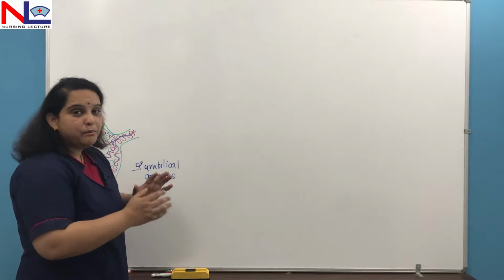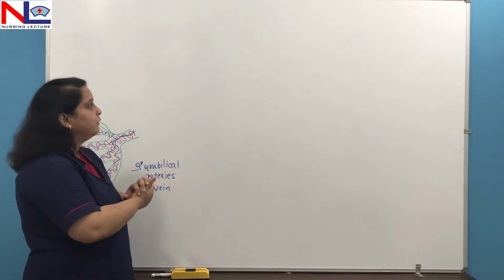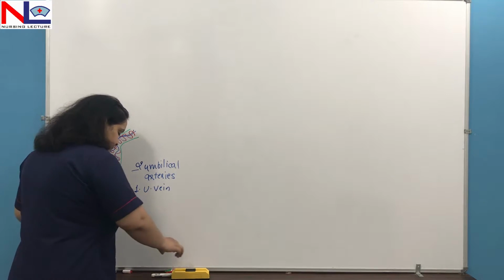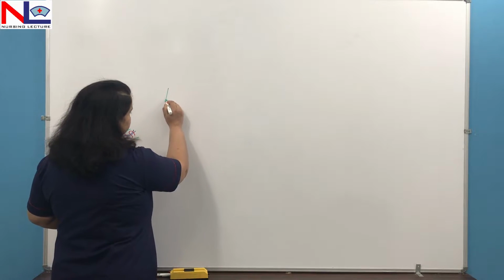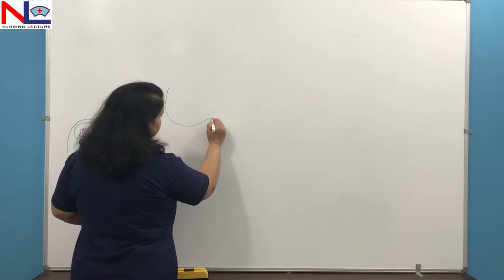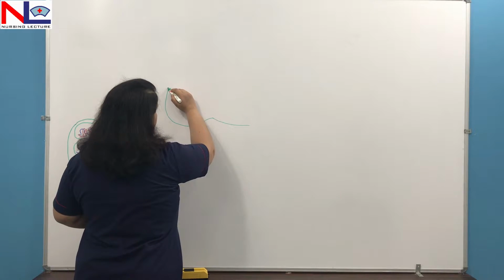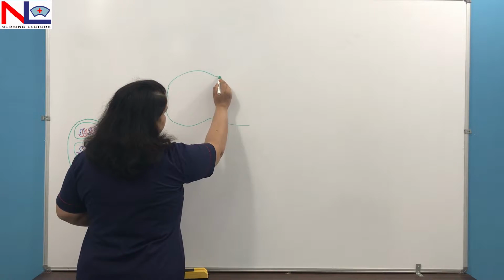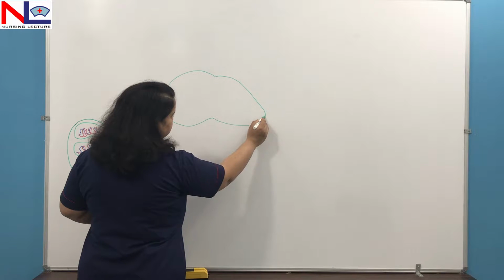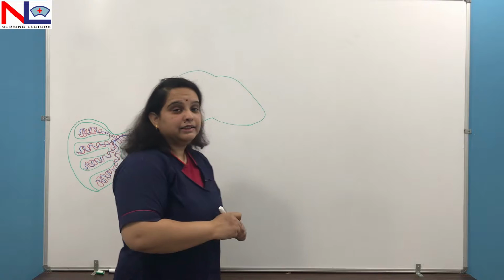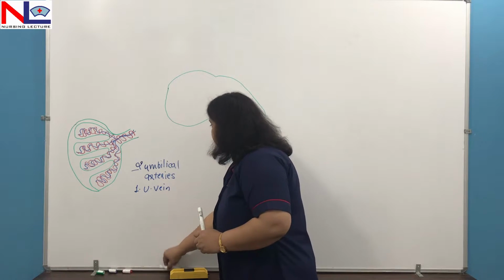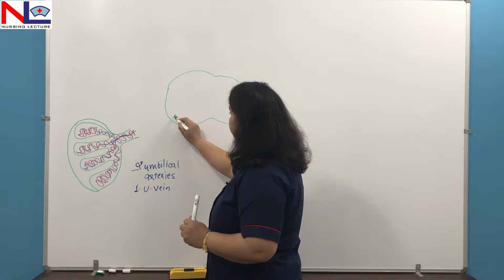Now let me draw the important structures required in this circulation. So here I am drawing the liver first. This is the liver.